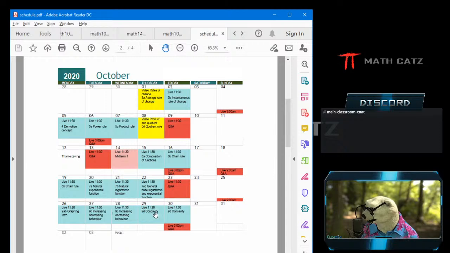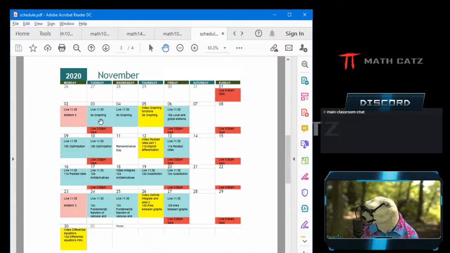So we've done concavity here. We have more sessions next week. Graphing, and then there's a video where you sort of have to just go and work through stuff from start to finish. I have a video on each type of function where I slowly, well, it's slow because you can pause it, work through every step for each type, then put it all together.